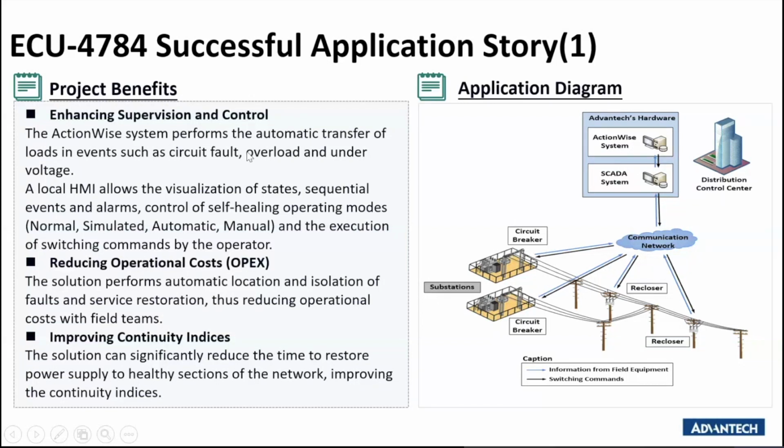So this SCADA performs automatic location and isolation of fault and service restorations, thus reduce operation costs, and also improving the continuity indices.